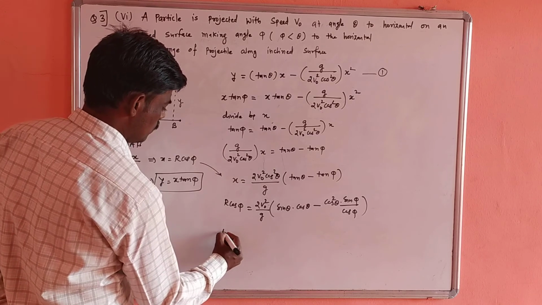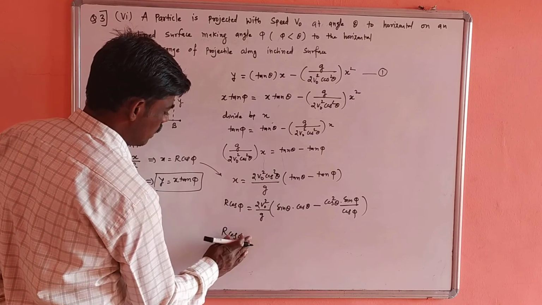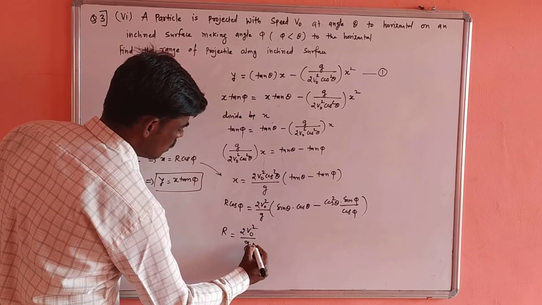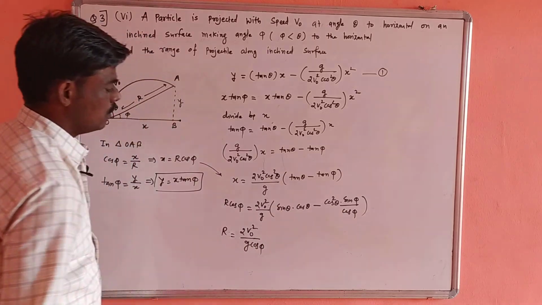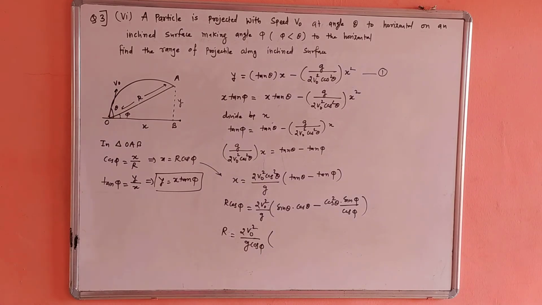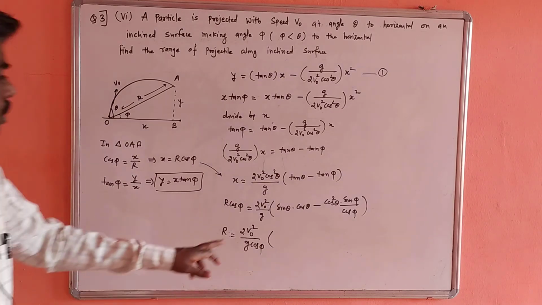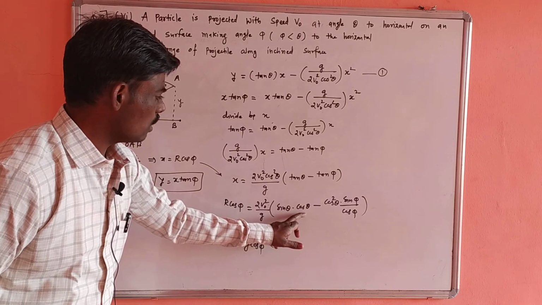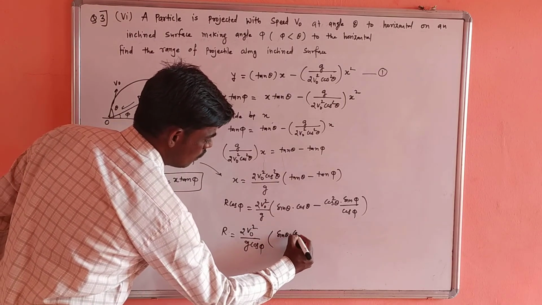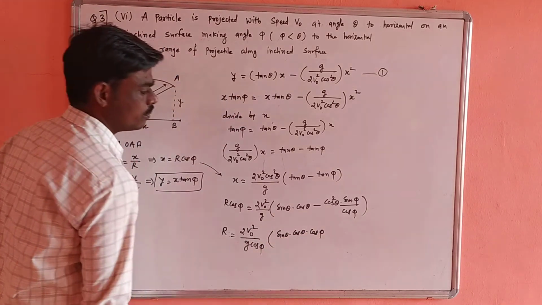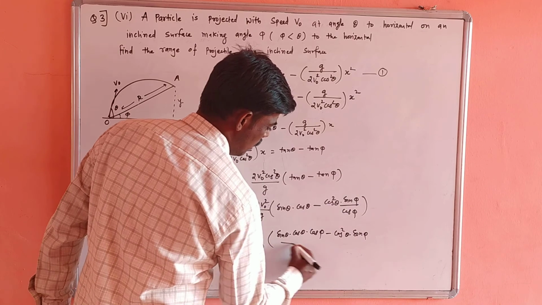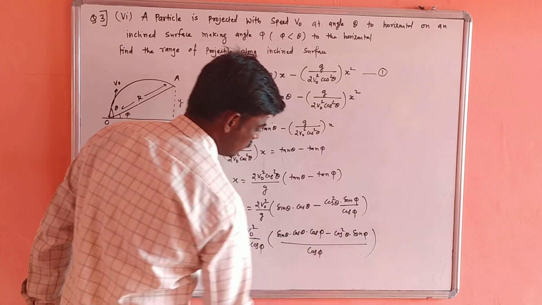So r cos phi we can represent here. So r is equal to 2v0 square by g cos phi in bracket sin theta cos theta. We can multiply this cos phi here. So sin theta cos phi minus cos square theta sin phi divided by cos phi.